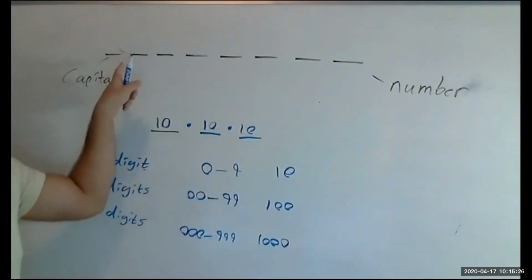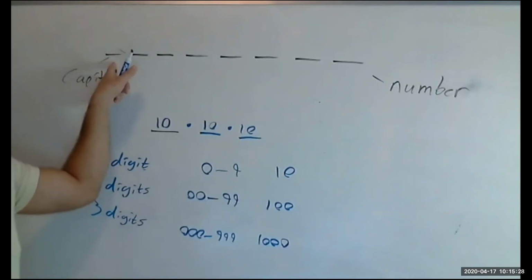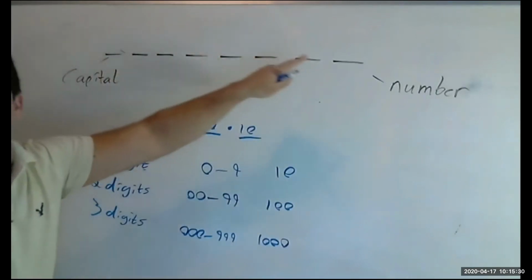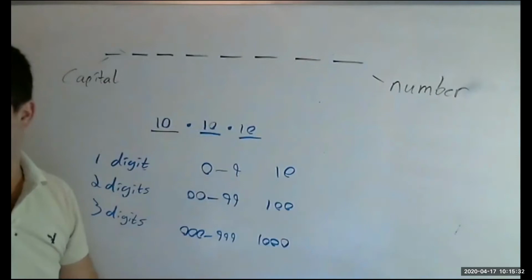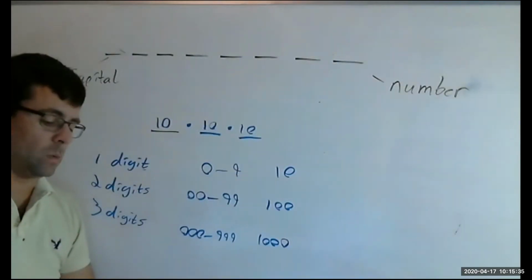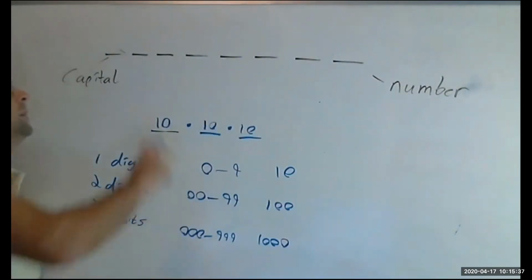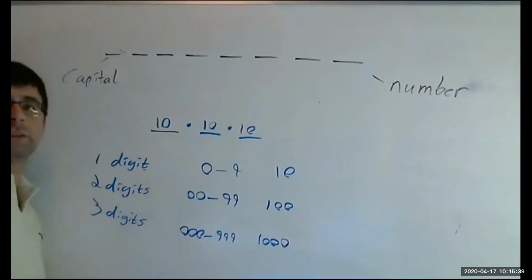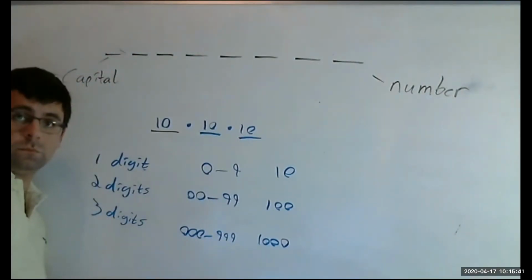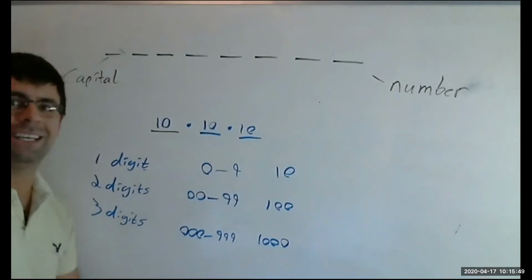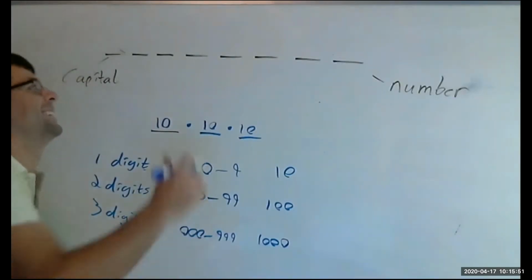Okay, so let's take this idea and apply it here. We said that the capital letter was first and the number was last. So how many capital letters are there? It'll be 26, right? 26, yeah.